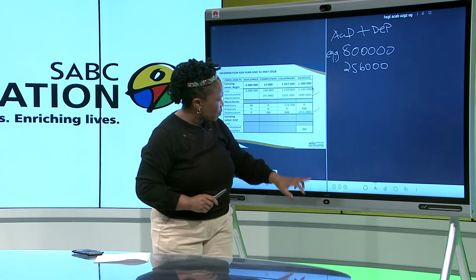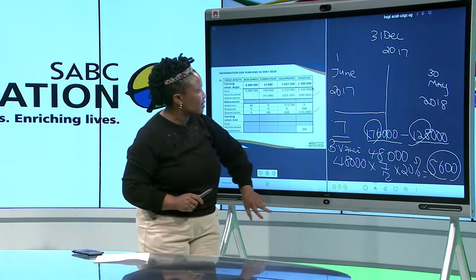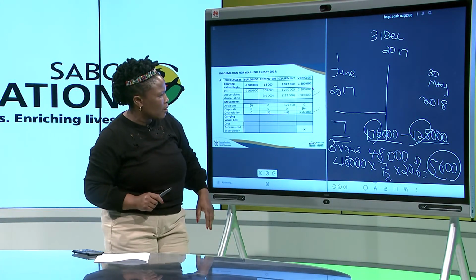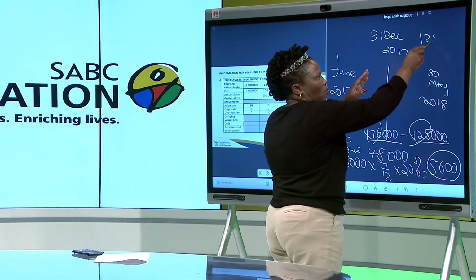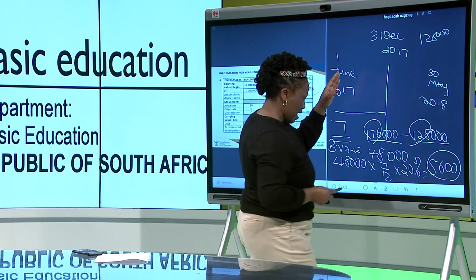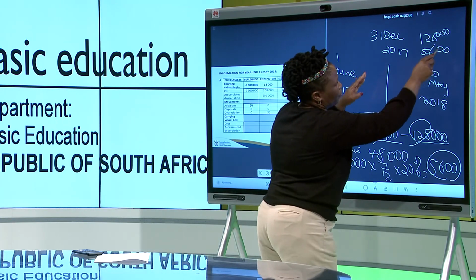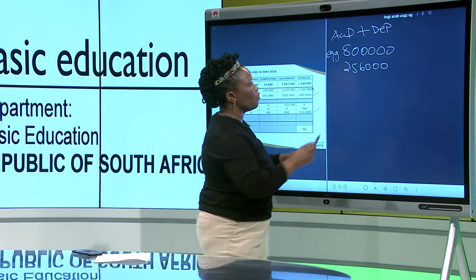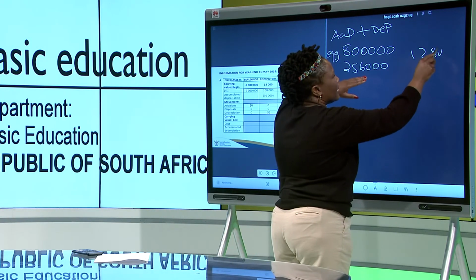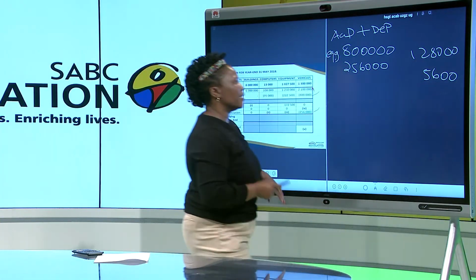I want us to go back to the previous slide, because we have our calculations there. Remember that we had as our depreciation 128,000 at the beginning of the year, as well as the 5,600 rands. Let us migrate this information. It's 128,000 plus 5,600.